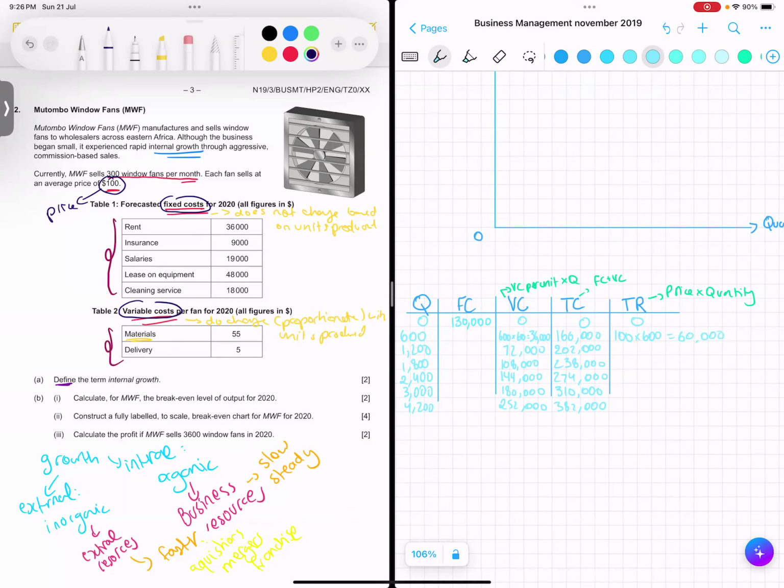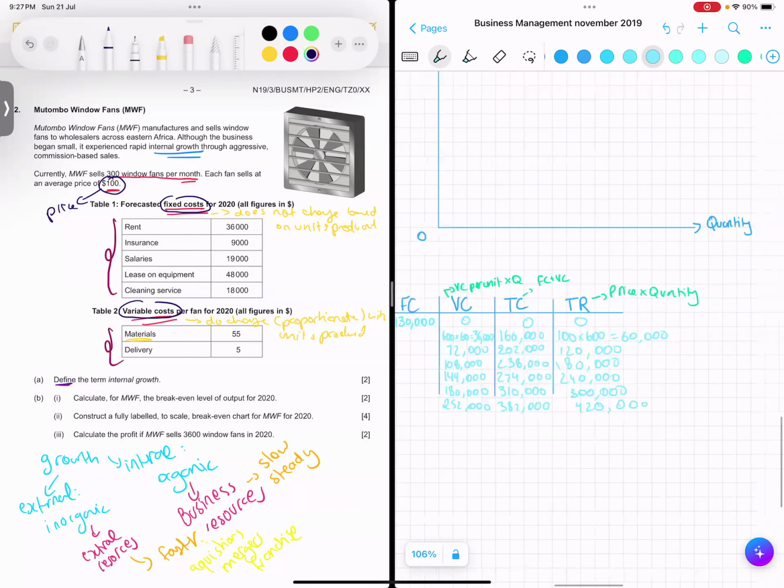And 100 times 1,200, so I guess it's 120,000. Yeah, 120,000. And then that's 180,000. And then that's 240,000. And that's 300,000. And then that's 420,000. Okay, so got it. So this is basically all you have to do.